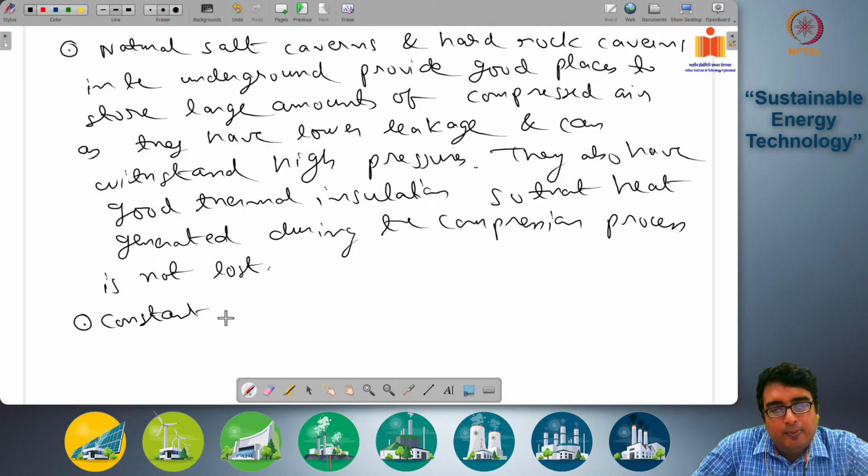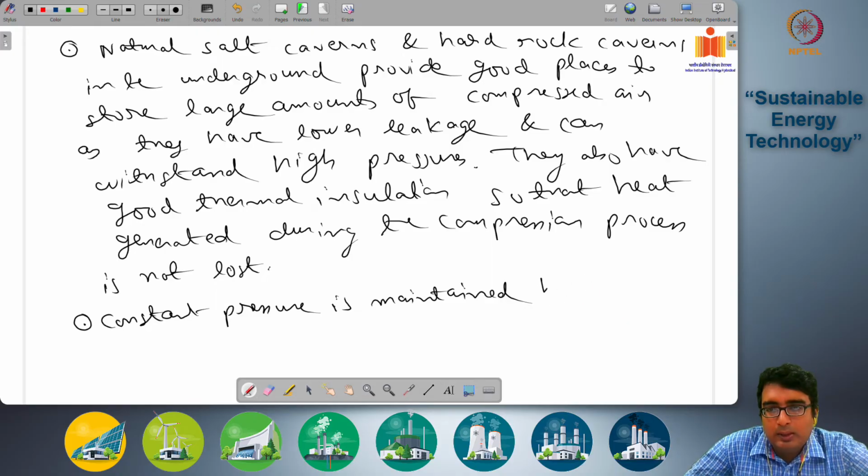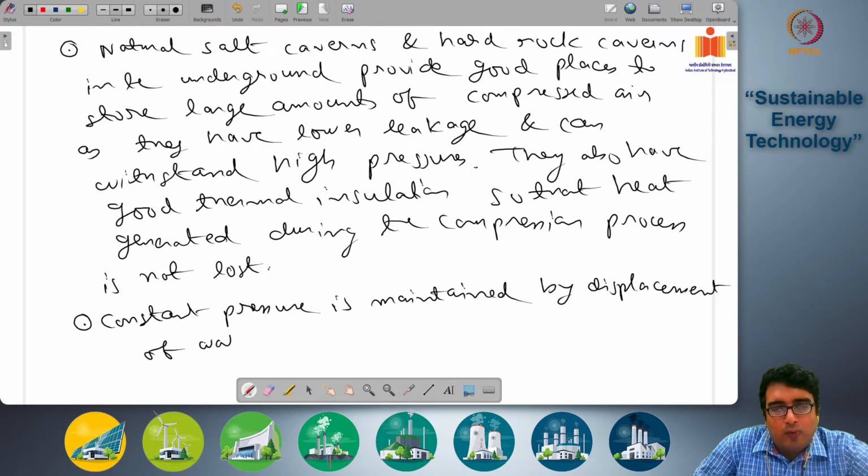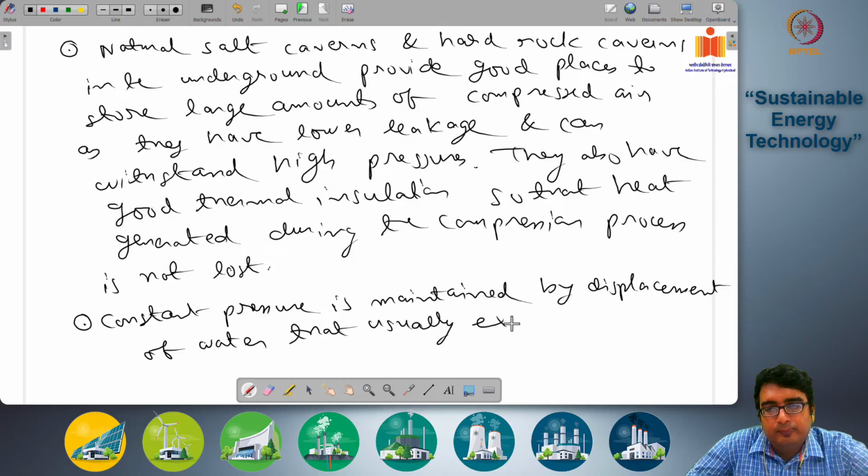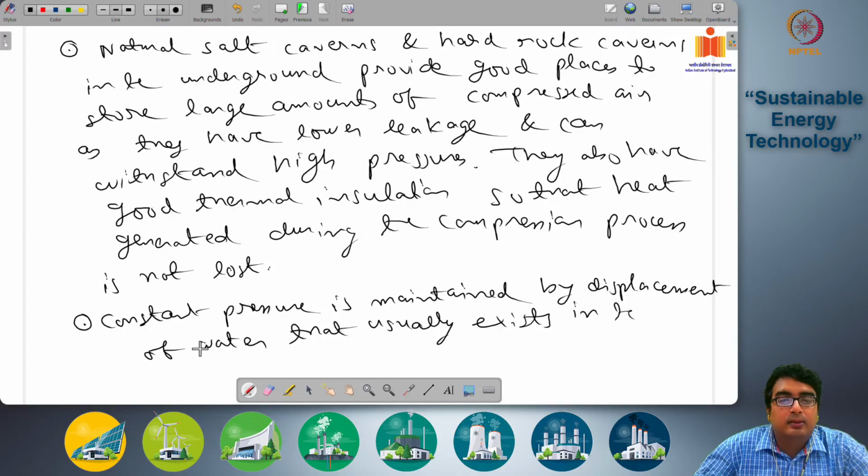Constant pressure is maintained by displacement of water that usually exists in the cavern.